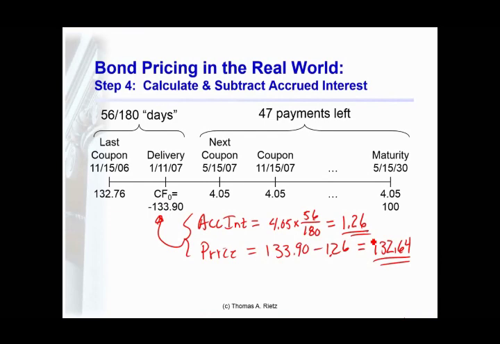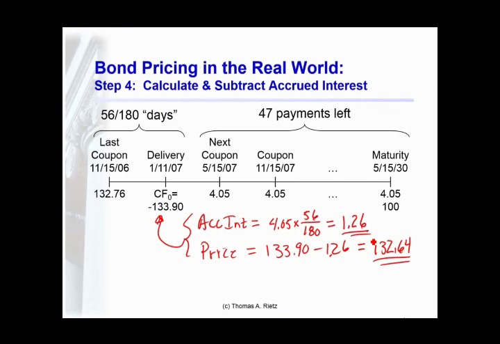Now, why did they do that? They do that because the interest payment is taxed differently than any capital gains or losses. So separating the transaction price into a price plus interest allows me to account for the taxes correctly if there's a differential rate between interest and capital gains and losses.